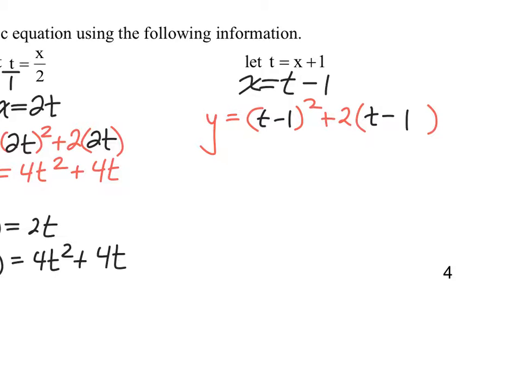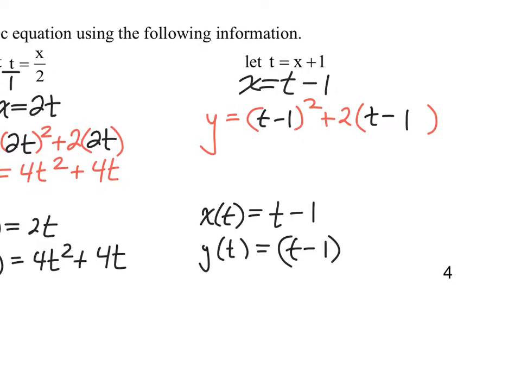Here, now, I really don't want to do it. I don't want to distribute this out. Right? So in an example like this, we don't have to. Correct. Leave it like that. Yeah, that's what I would do. So x of t, just to have the proper notation, is t minus 1, y of t is t minus 1 squared plus 2 times t minus 1.